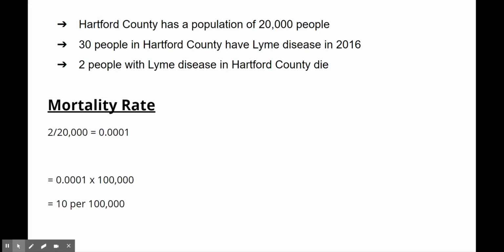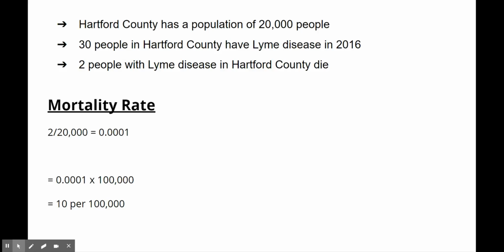And if we want to see an example of how these indicators of mortality are used side by side, we can compare their use in this example. Let's say this county has 20,000 people. 30 of these people were diagnosed with Lyme disease, and two died from the disease.